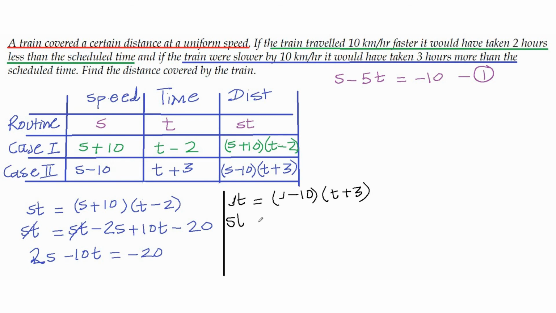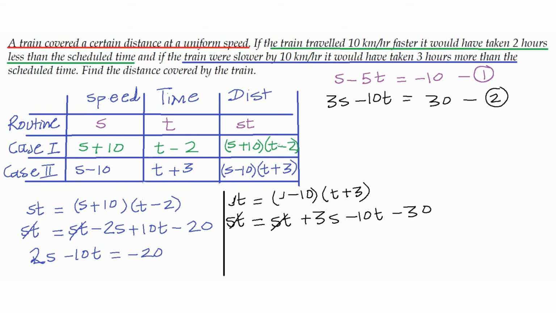Therefore, st will be equal to, let's open the brackets, st plus 3s, negative 10t, negative 30. st cancels, and therefore the second equation that I get is 3s. Shifting the minus 30 to the left hand side, I get 3s minus 10t is equal to 30. This is my second equation.